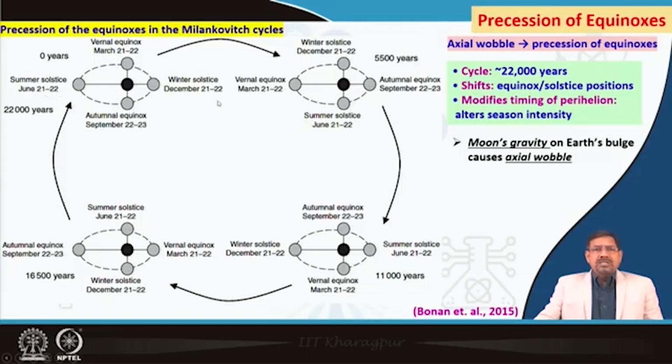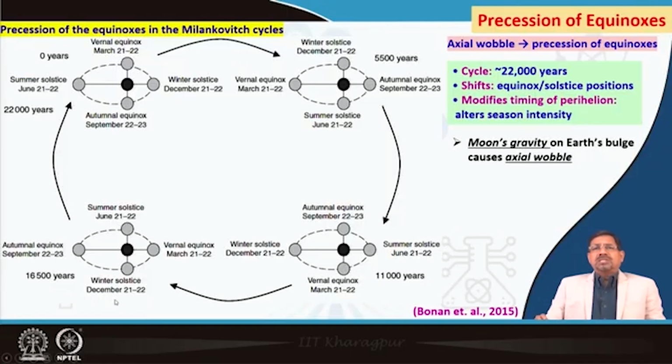Accordingly you can see it here, at 22,000 years, and here the position just after 5,500 years, and the position here after another 11,000 years. Along this diagonal it is 11,000 and 22,000, just the opposite. This can be well realized in different hemispheres, southern and northern. And if we go back as a reference, 16,500 years, this was the scenario.